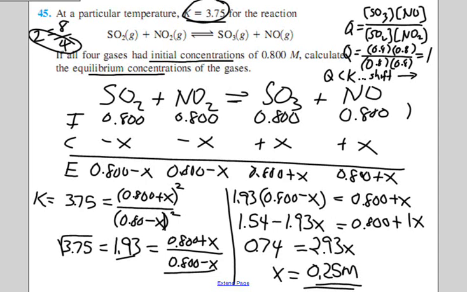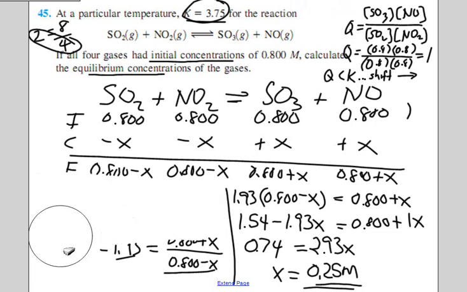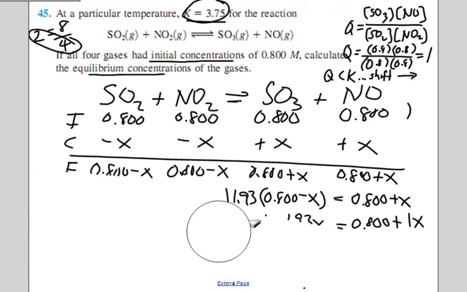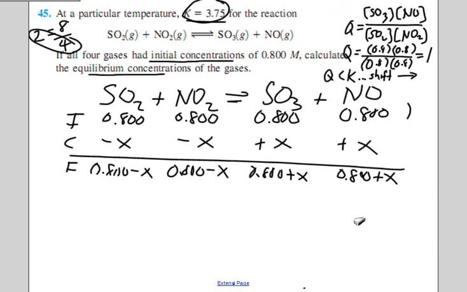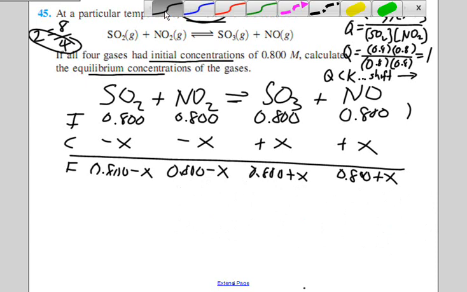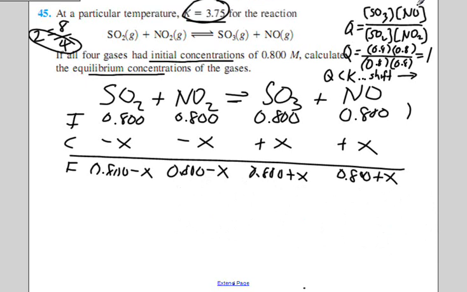Okay. So we're going to finish the problem. I'm just going to erase this here, make some space. So our answer for x was 0.25. The question is asking us to find the concentrations of all gases at equilibrium.